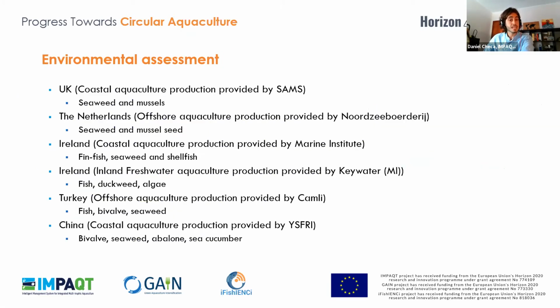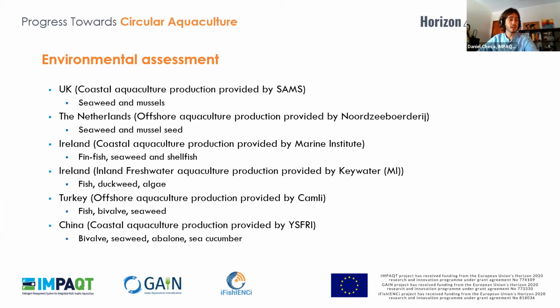Finally, for the environmental assessment, we have assessed the environmental impact in 6 pilots within the IMPACT project. The first one is in the UK, coastal aquaculture production provided by SAMS, in which they have seaweed and mussels.